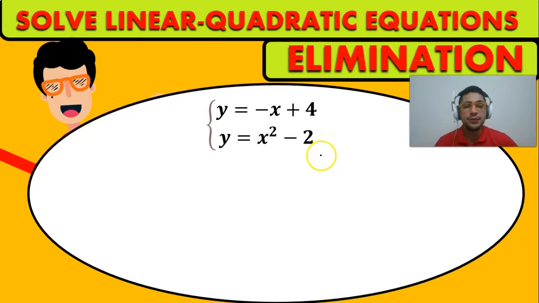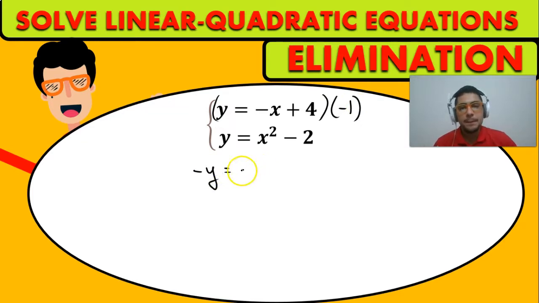The second thing you have to remember is that you have to multiply one of the two equations by minus 1. So let's try it with the first one. If we multiply the first equation by minus 1, it's going to be minus y is equal to minus x plus 4, times minus 1.